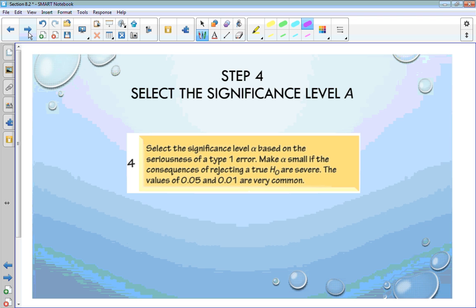If there are small consequences, like nobody's going to die, or a child isn't going to miss out on treatment, something like that, we could have larger values of maybe 0.05 and maybe even 0.01. Those are very, very common significance levels.